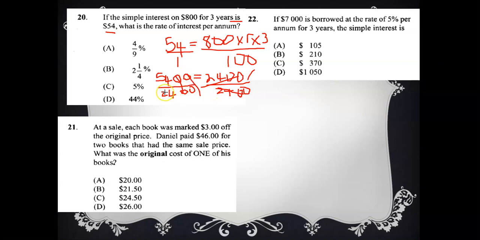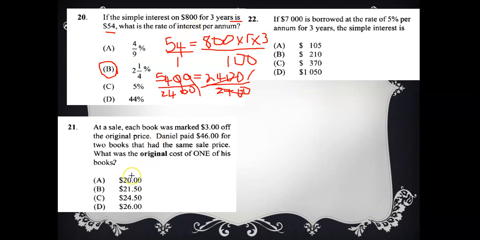And 24 into 54, we know that goes 2 times. So without doing actual precise calculations, we make an estimate. 24 into 54 goes 2 times. So our best bet is 2.25%. And that is how you actually save time on answering multiple choice questions.